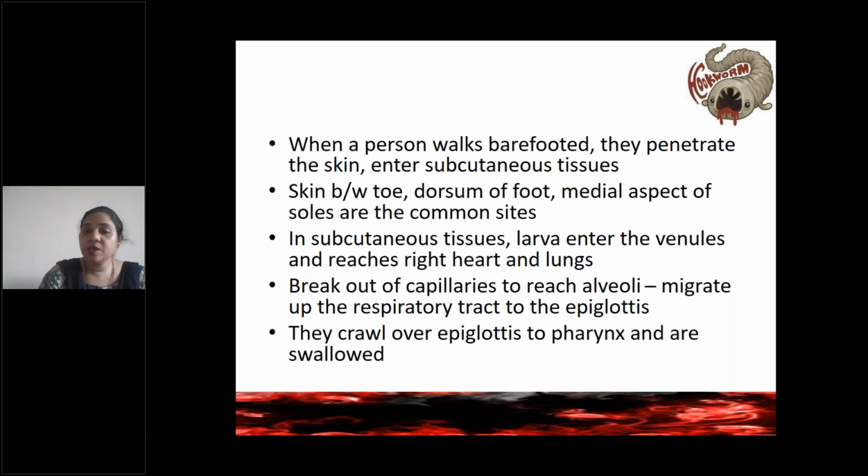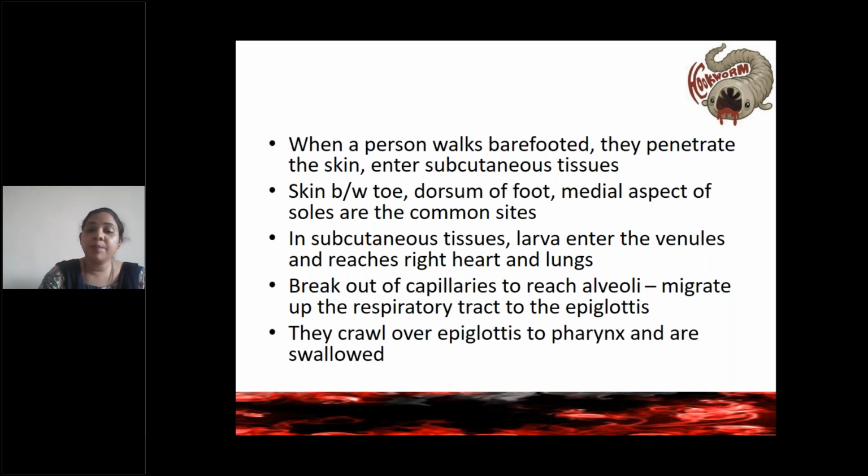In subcutaneous tissues, the larva enter the venules and reach the right heart and lungs. Later, they break out of the capillaries and reach the alveoli and migrate up the respiratory tract.